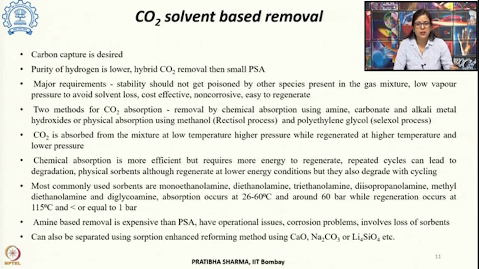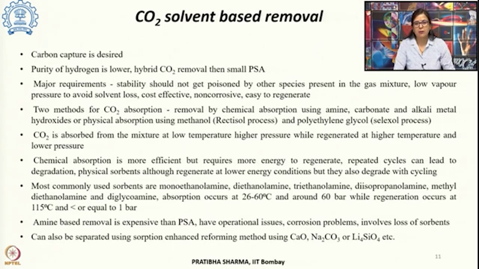If we want to capture these emissions, then prior to pressure swing adsorption we can use a carbon dioxide solvent based removal method. So, if the carbon content in the feed stream is higher, or if the objective is to capture carbon dioxide in the process, then this method can be used. But the problem is the purity of hydrogen obtained is lower.